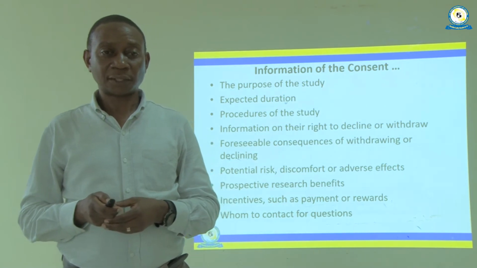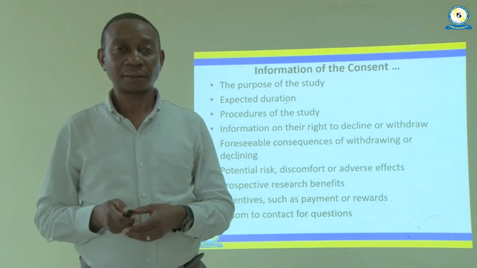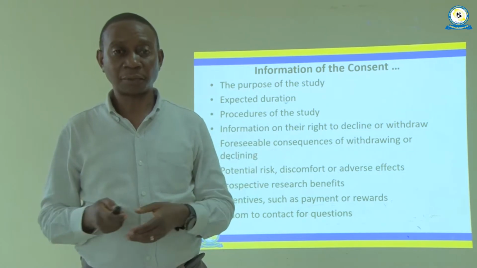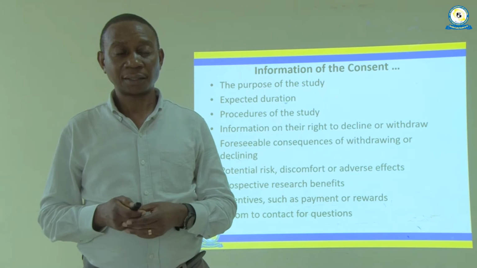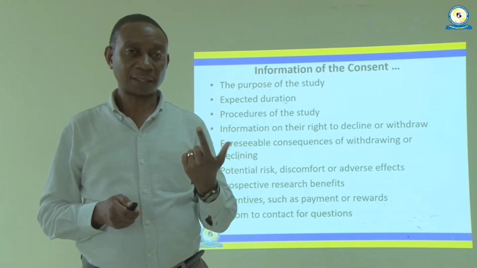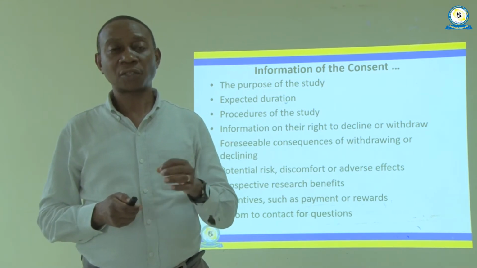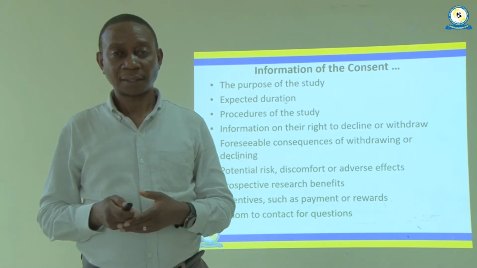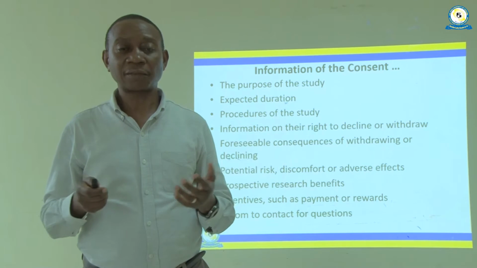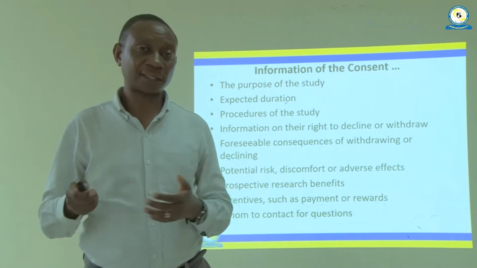Just to elaborate more about the information, what should be contained in the consent: the purpose of the study. As I've said, you need to tell them what it's all about. Why is that a study? What is expected of the duration? For how long will that study take?